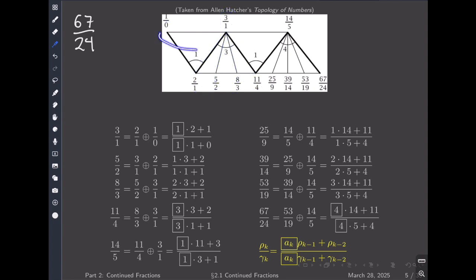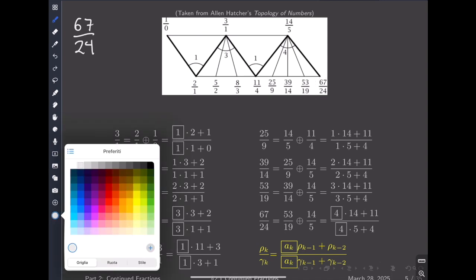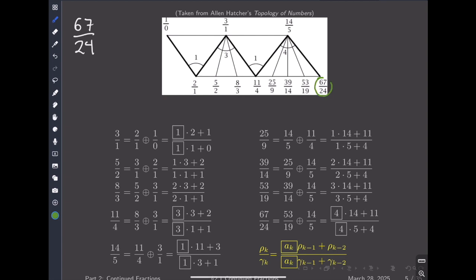Then I populate this, and because I began with the geodesic going from infinity to the rational number, and from there I read this stripe, I know that the very final point has to carry the label of the rational number you started with. From the construction, the last one has to carry this one.